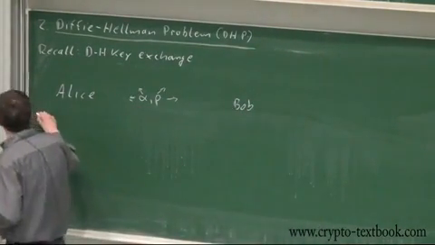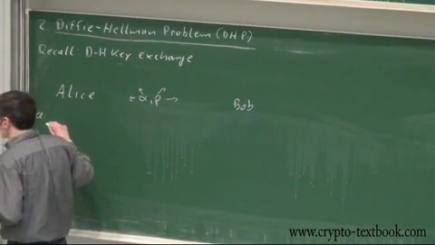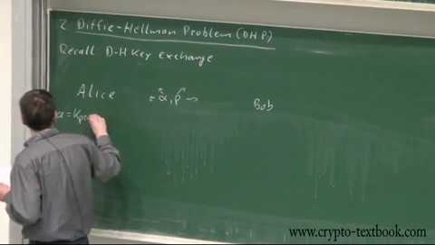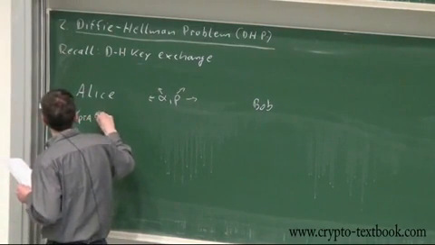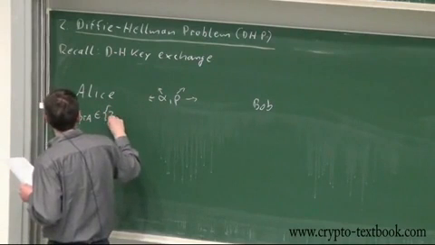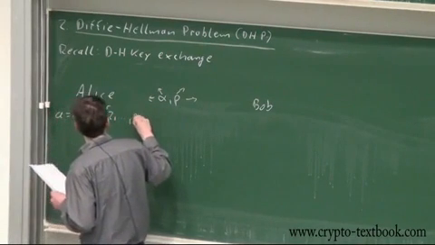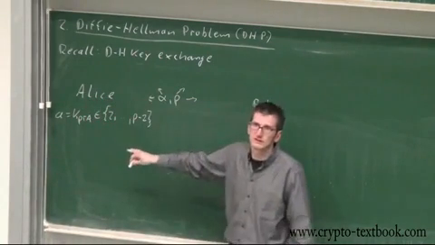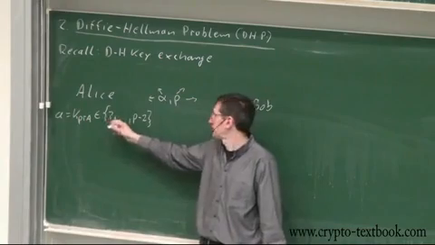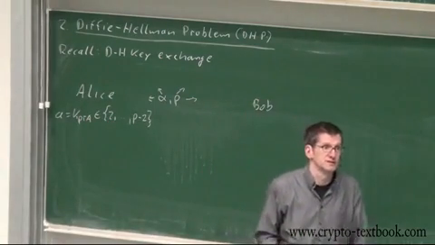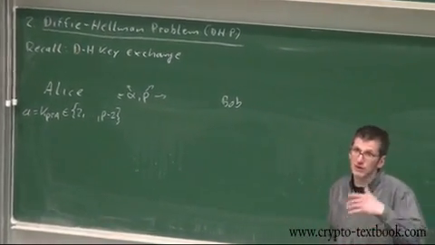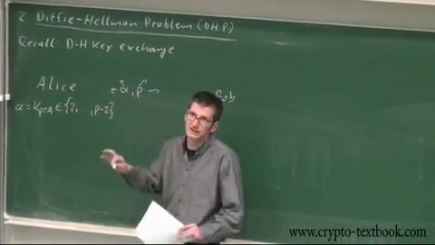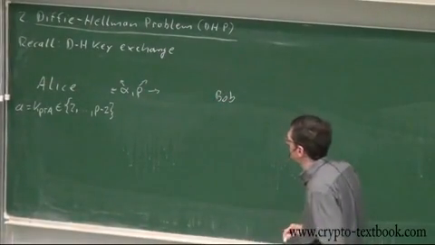Okay, so Alice picks her private key, which we call lowercase a, randomly picked from the set 2, 3, 4, and so on, up to p minus 2. Okay? You can actually include 1 and p minus 1, but in practice they are kicked out, so we kick them out here too.